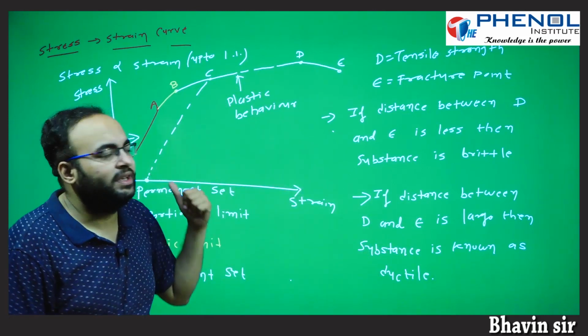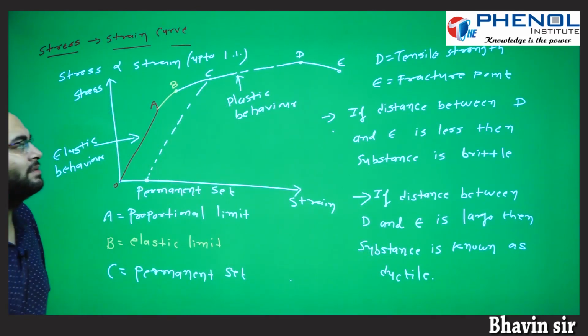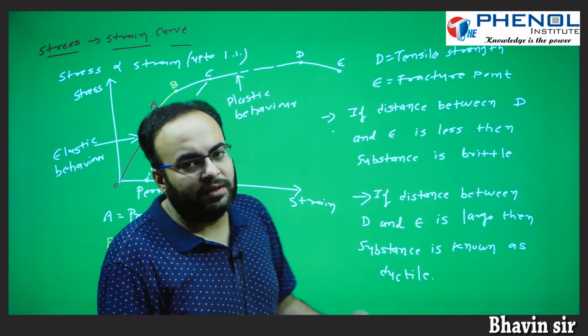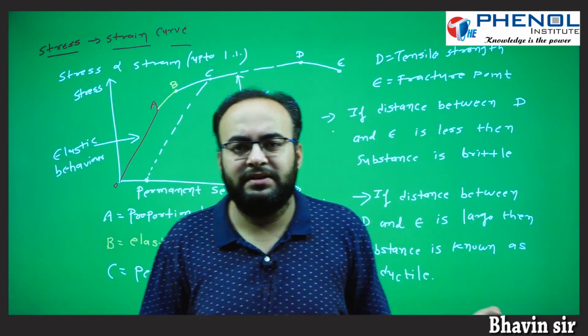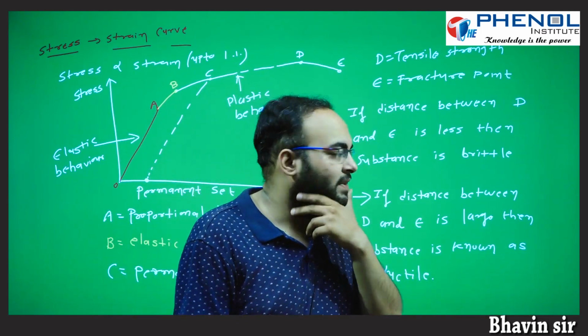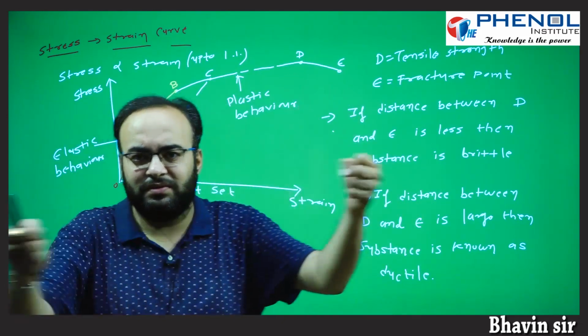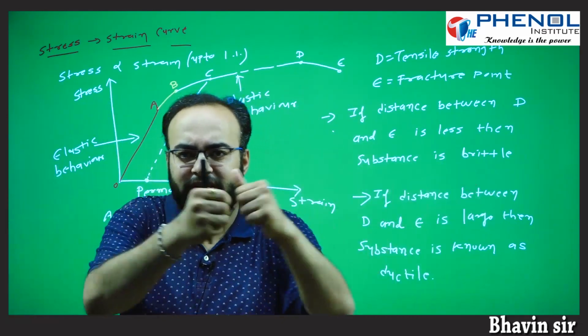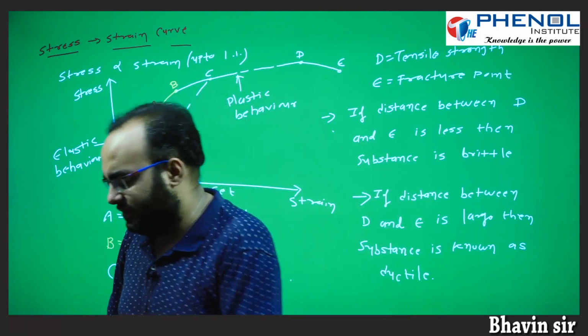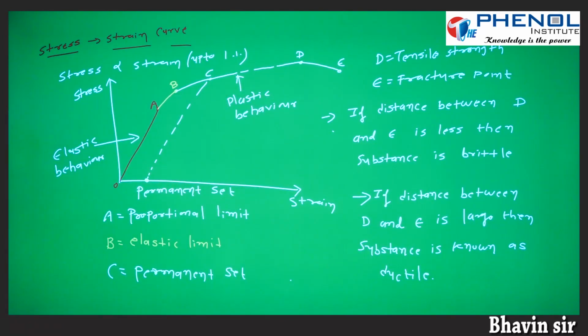If the distance between D and E is large, then it is a ductile substance. Otherwise, if the distance is short, meaning the substance breaks immediately after point D, then it is known as brittle. So this is the stress versus strain graph.